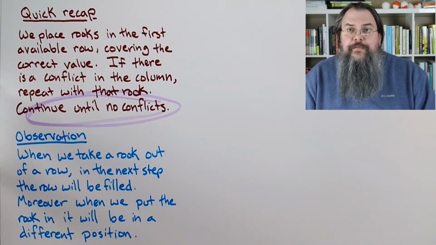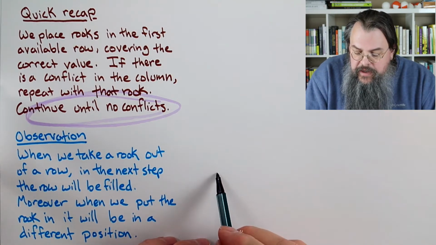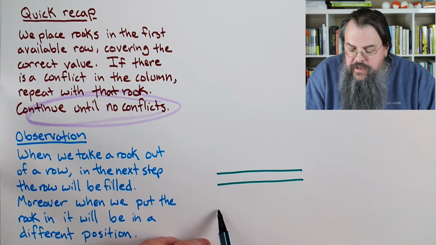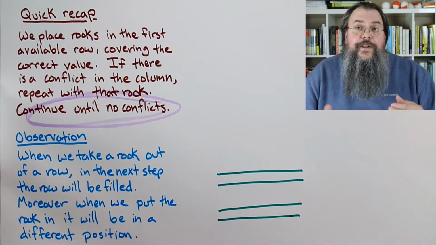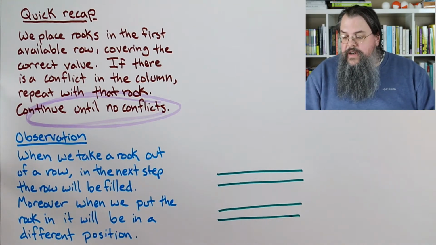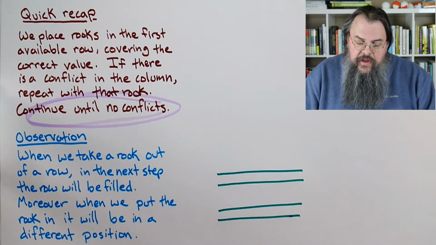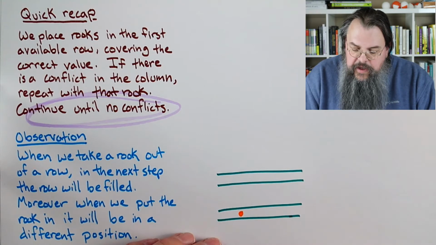So let's think about what's happening. All right, so what's happening here? I can imagine I have some rows, and let's sort of follow the procedure. And it's good to just sort of visualize what's happening. So I place a rook here.